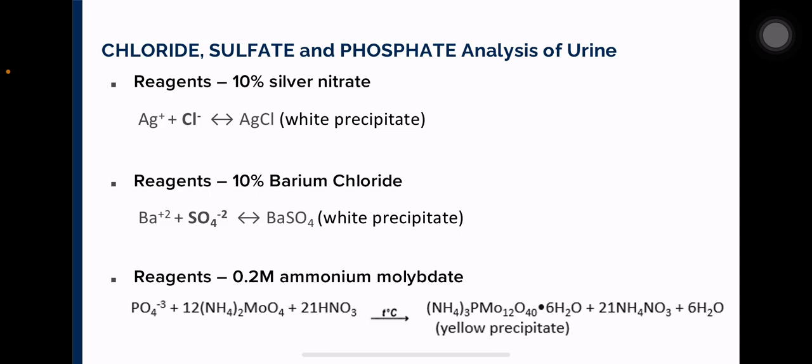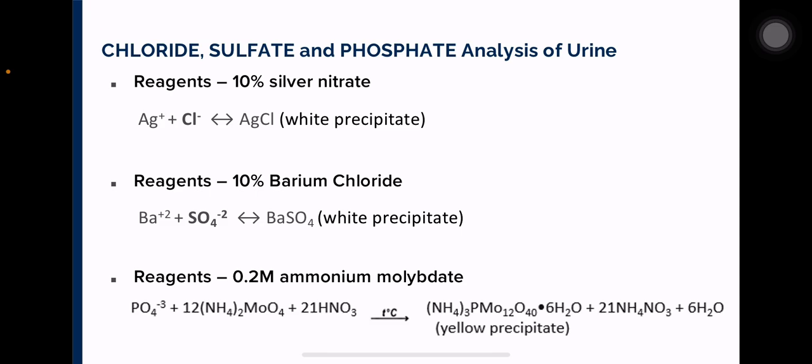Testing involves precipitation reactions. For chloride, if you add silver nitrate, it will result in silver chloride, which is a white precipitate. The same with sulfate: if you add 10% barium chloride, it will result in barium sulfate, which is also a white precipitate.